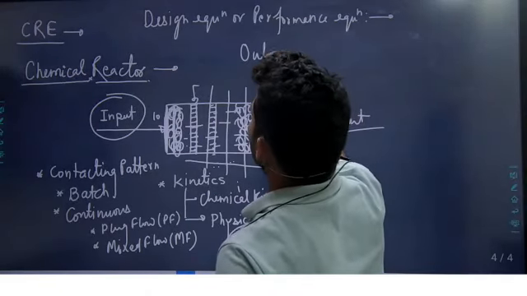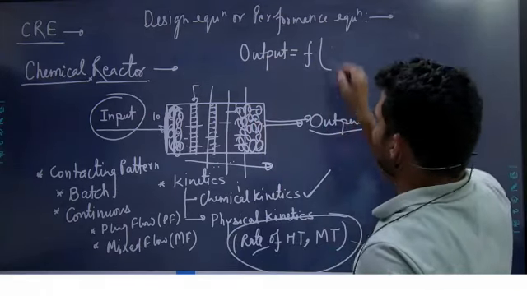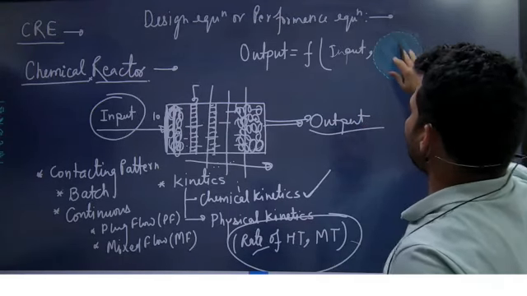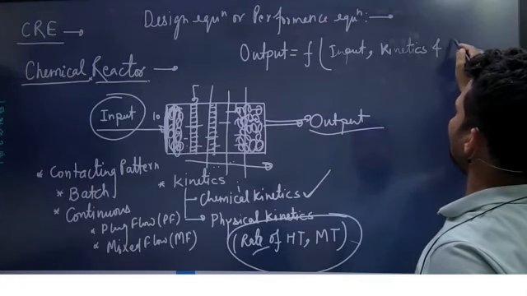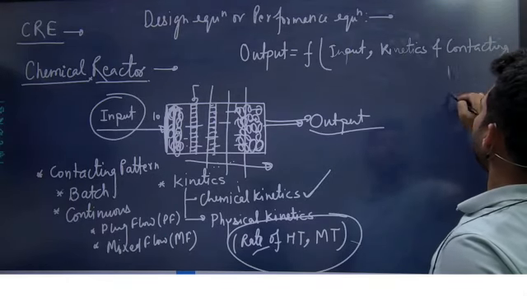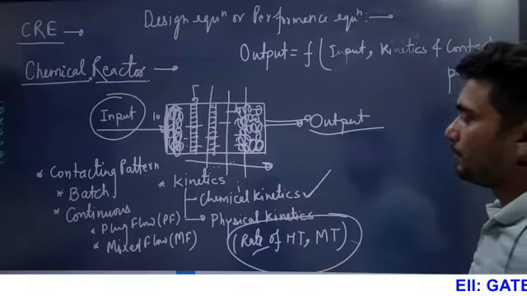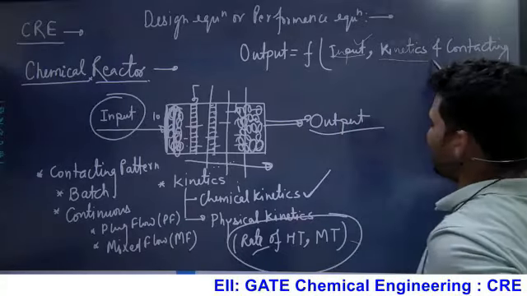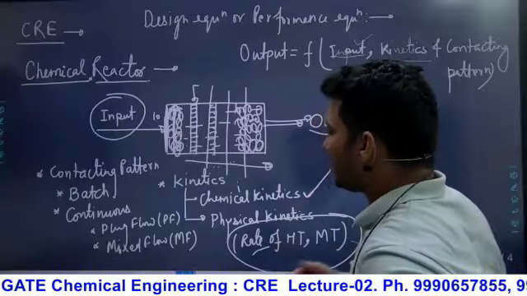The output which we are finding from the reactor will be a function of input, a function of kinetics and contacting pattern. So all these factors will affect the output. Input is important. Kinetics tells us all about the rate or speed of any reaction.